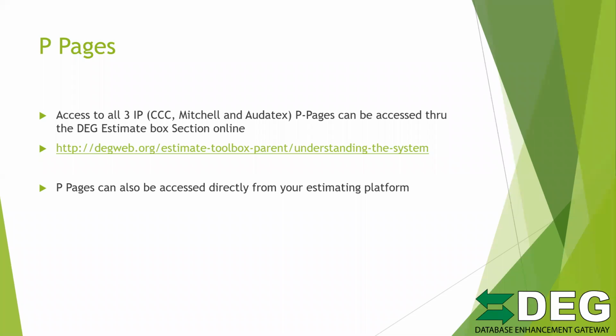You don't have to be a user of that specific estimating platform to gain access to those P pages. You can view all three estimating P pages from our website. If you go to our website under the Estimate Toolbox section, and go to Understanding Your System, you'll see links to all three estimating system P pages.